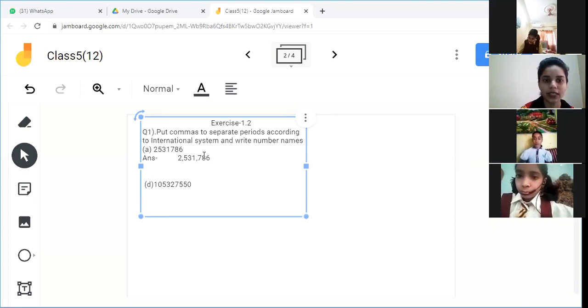This is ones, tens, hundreds, 1,000, 10,000, 100,000. Then after 100,000, million.